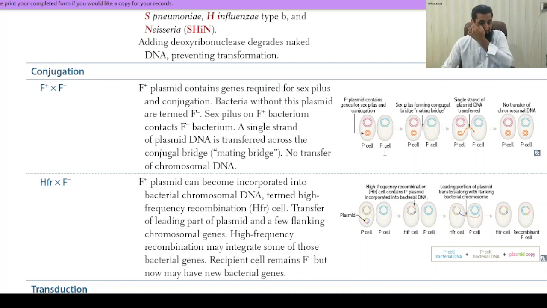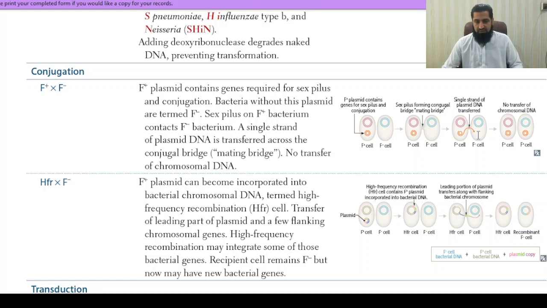Going ahead, F positive cells have the plasmid, while F negative cells don't have plasmid DNA. Next, the F positive cell forms a sex pilus and conjugal binding occurs. This is also called the mating bridge.